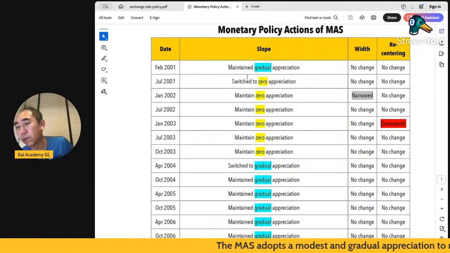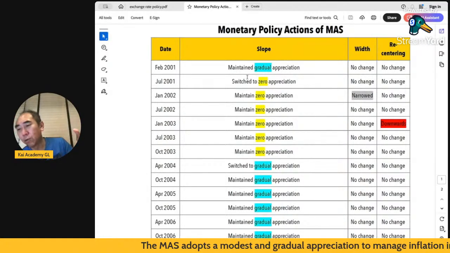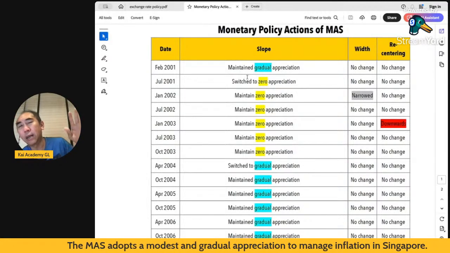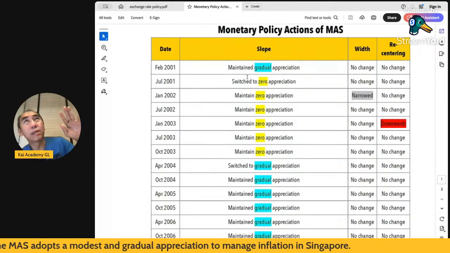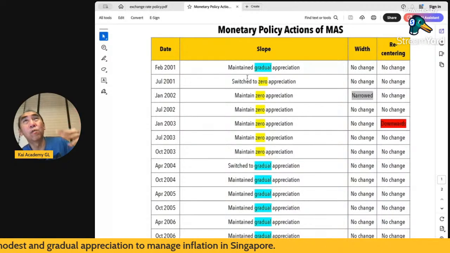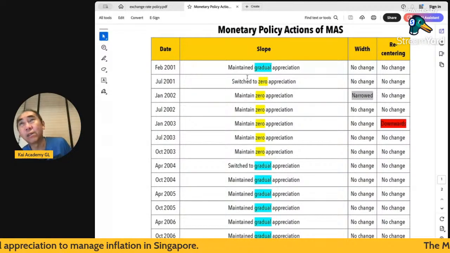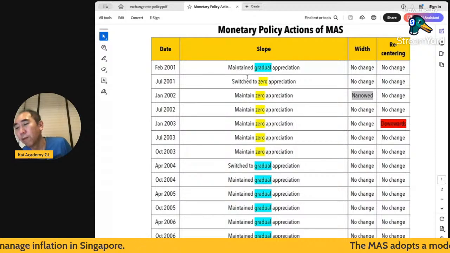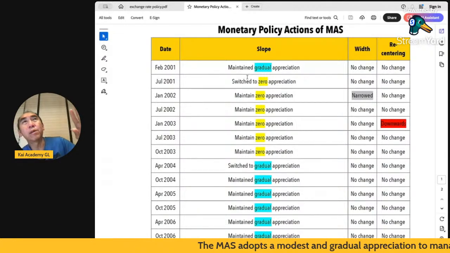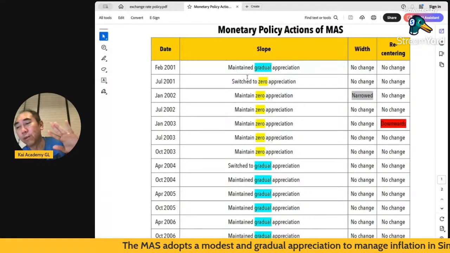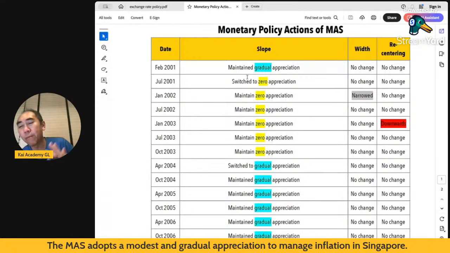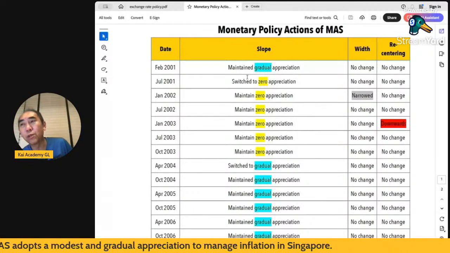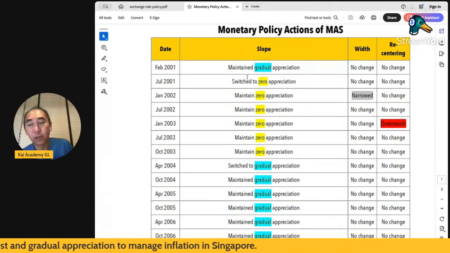And then around July 2001, due to some economic turbulence that later on was overtaken by events like the 9/11 terrorist attack on New York, followed by SARS, there was a series of events that kept economic activity relatively weak. And that is when MAS switched from a gradual appreciation to a zero appreciation stance.